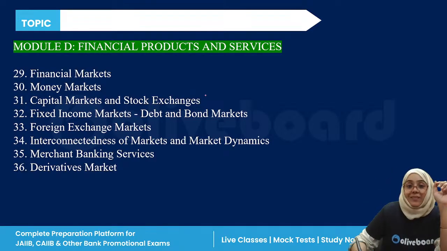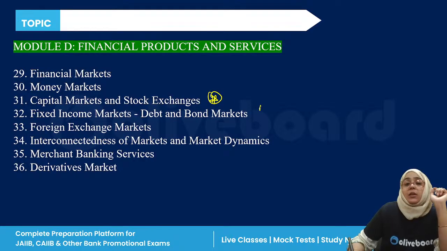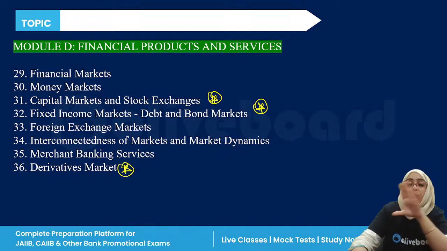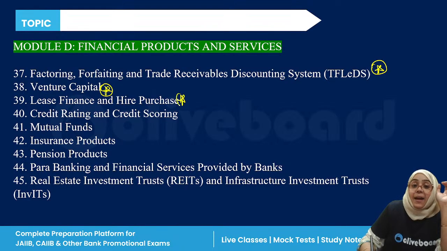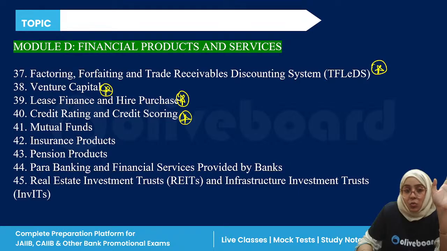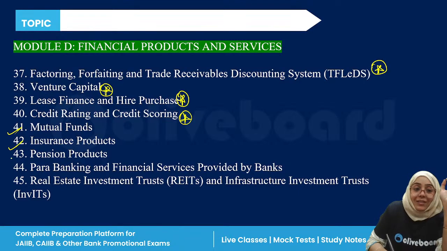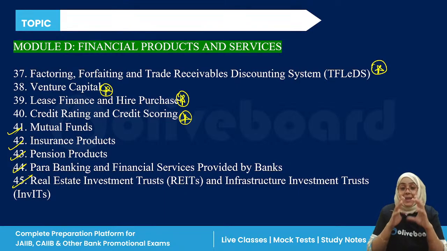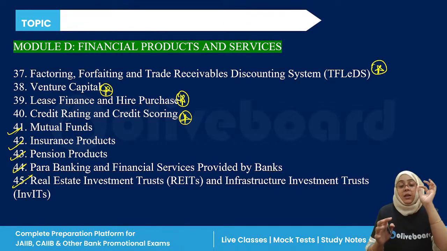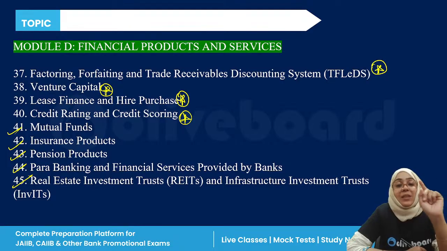Among the most important topics are the capital market and stock market chapter, the bond market, the derivative market, factoring, forfeiting, venture capital, lease finance, hire purchase, credit rating and credit score. These are obviously very important chapters. This is the lengthiest module, and you will get most of the questions from Module D.